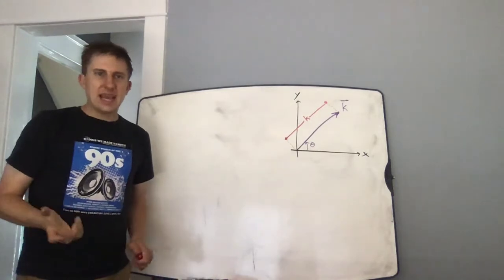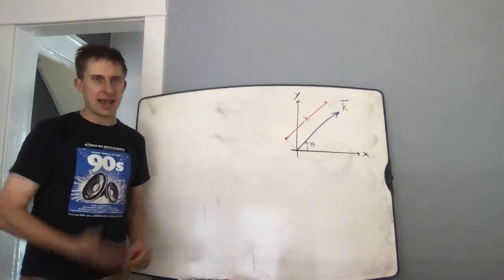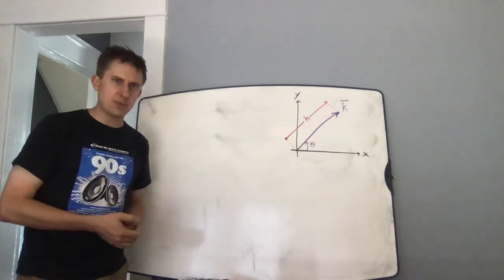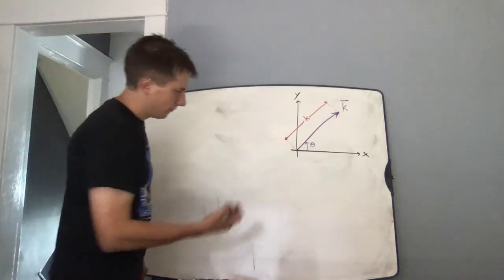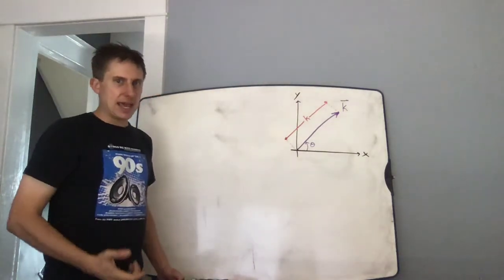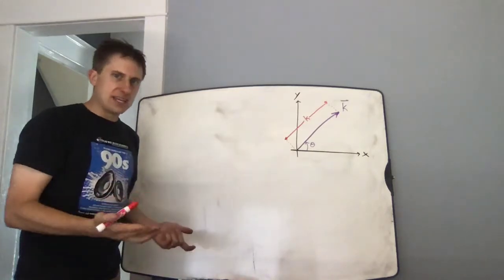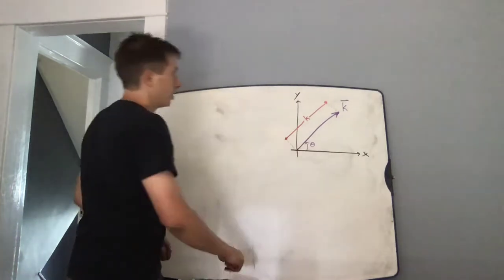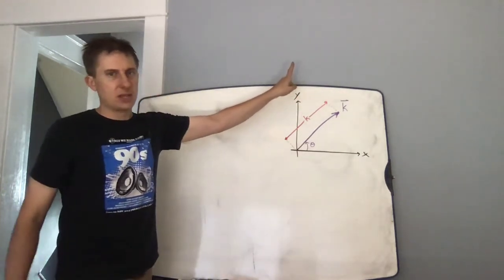Now, vector k also has projections onto the x and y axes. So think about what it means. Think about what do we mean by a projection? If you imagine there is a very bright light bulb really far up near the ceiling, shining straight down on this vector, how much of the x-axis would be covered by this vector? So we have a really bright light bulb 100 miles above here.